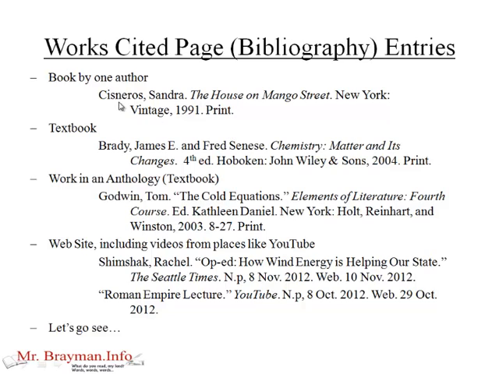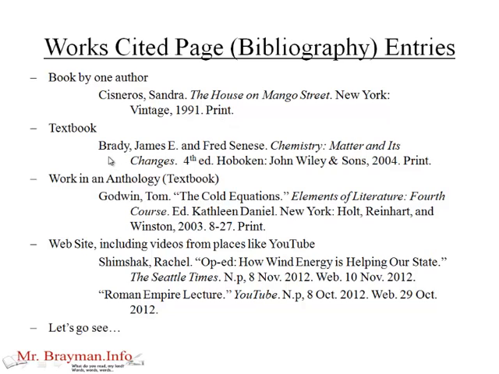You see we have author's last name, author's first name, a period, title in italics, period, city, colon, publishing company. Remember, this is always going to be either on the title page of the book or on the publication page. And then the fact that it's a print source and not an ebook. Same thing here, there's the chemistry book.